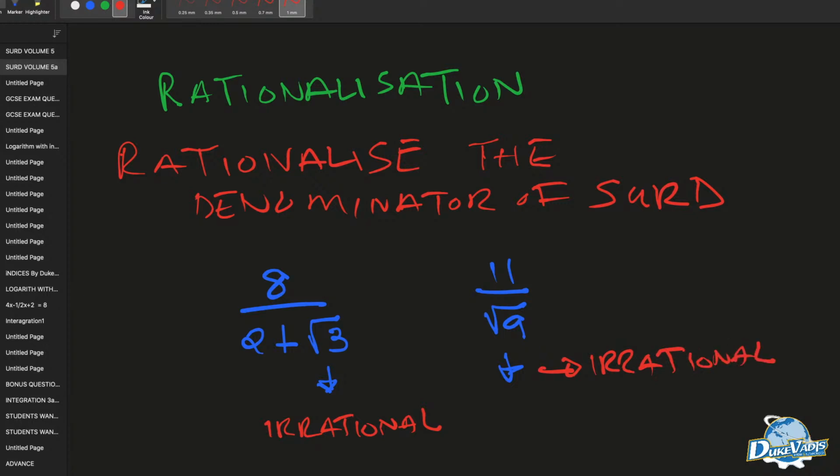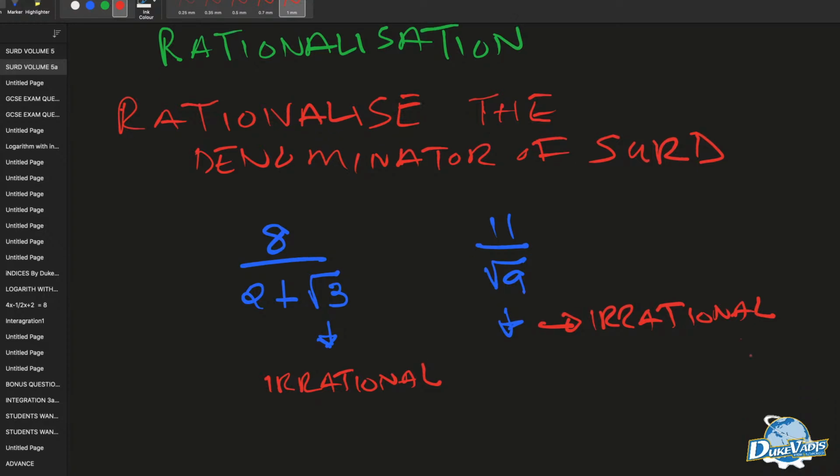So I have to do something with the denominator. In effect, what we are trying to do is to make the denominator rational.